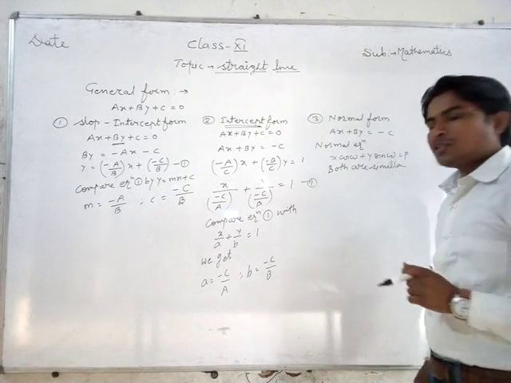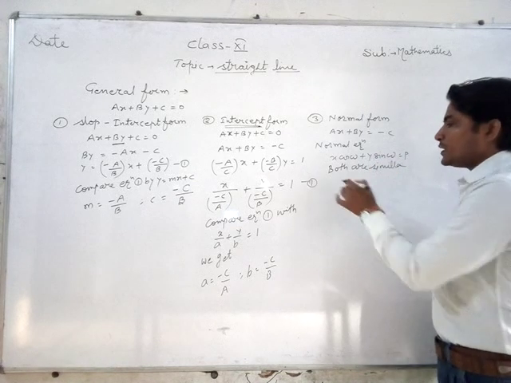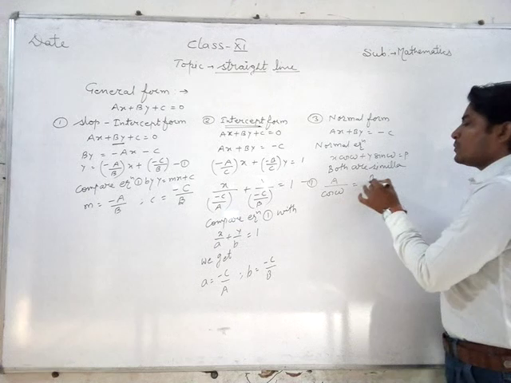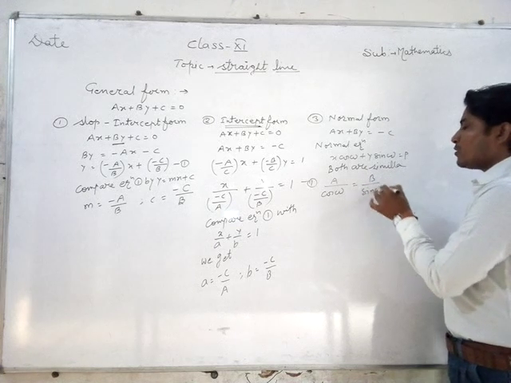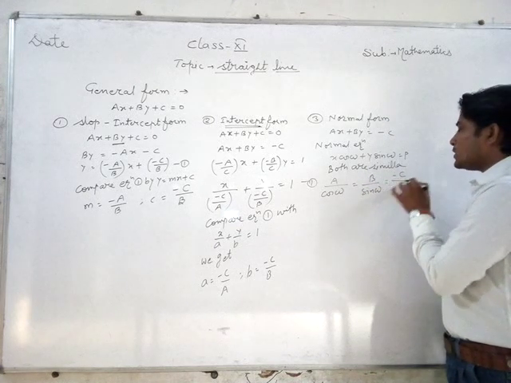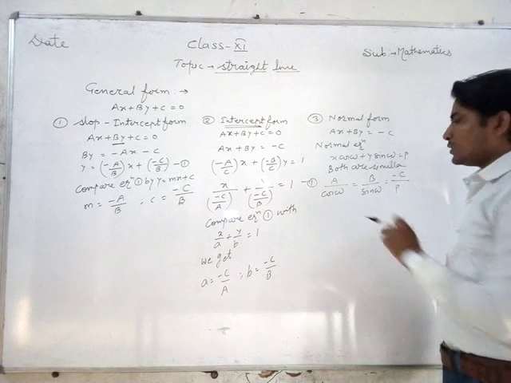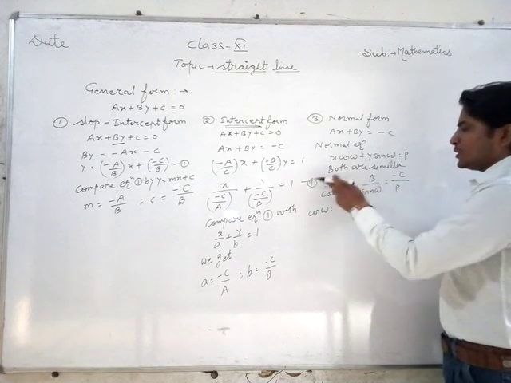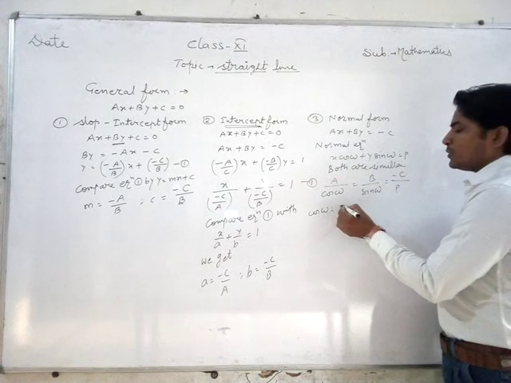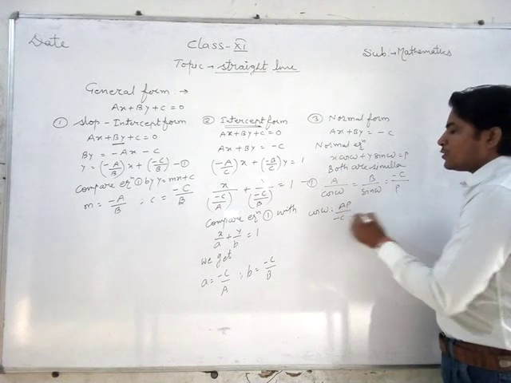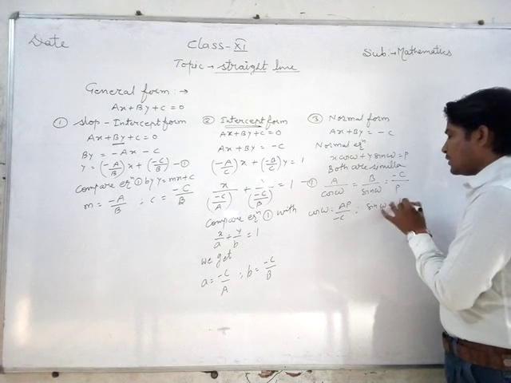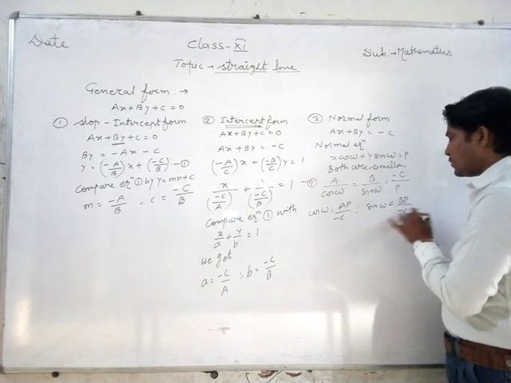If both equations are similar, we can write a upon cos omega, b upon sin omega, and minus c upon p. So cos omega equal to ap upon minus c, and sin omega equal to bp upon minus c.